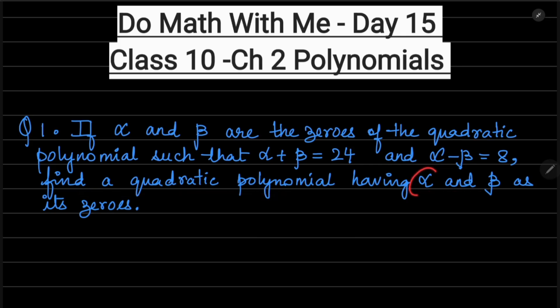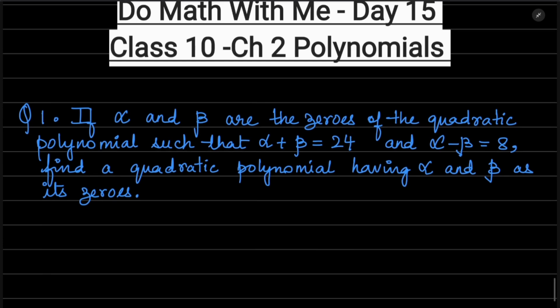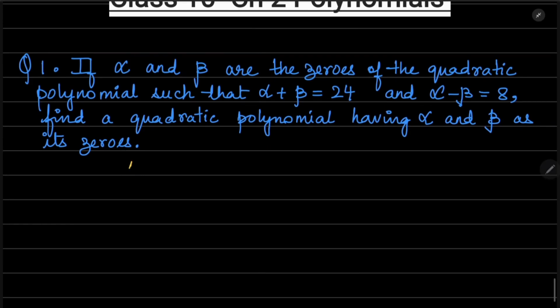But in order to know what alpha and beta are, the hint that you are given is the sum and the difference. So let us go ahead and solve these 2 equations and get the value of alpha and beta separately. You are given alpha plus beta is nothing but 24.